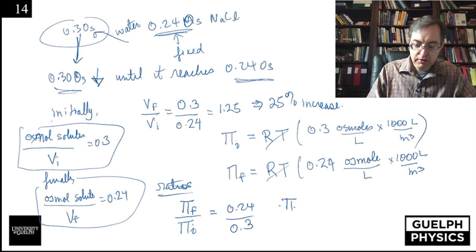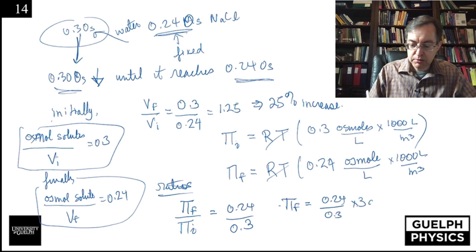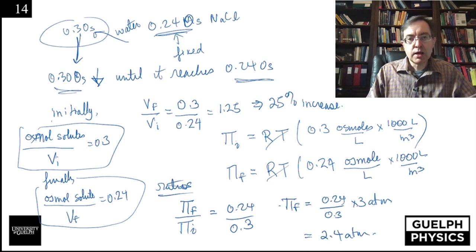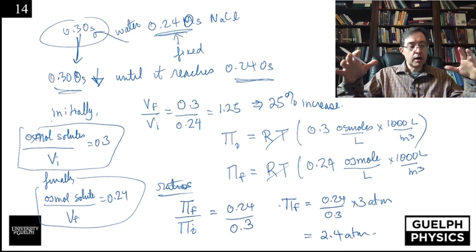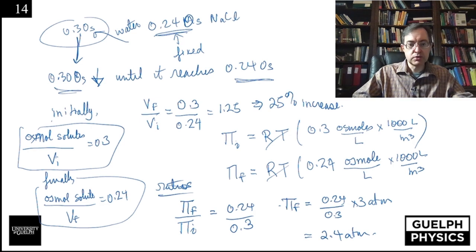Which means that the final osmotic pressure is then 0.24 divided by 0.3 times 3 atmospheres. And that works out to 2.4 atmospheres, okay? And so because the red blood cell has actually swelled, the pressure inside the cell actually decreases to 2.4 atmospheres.